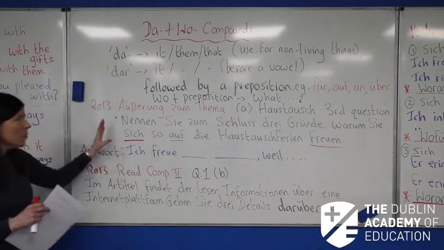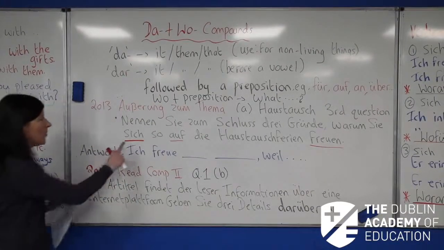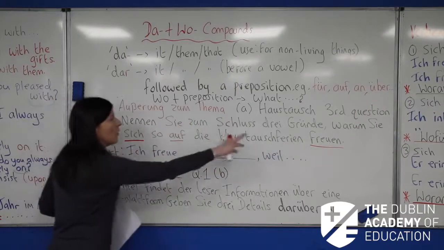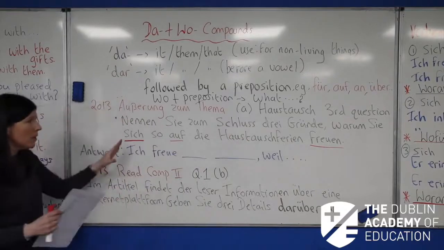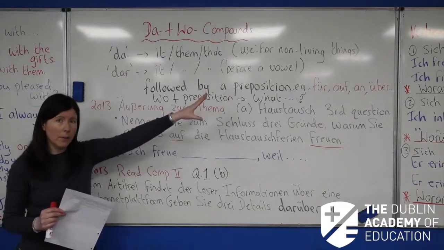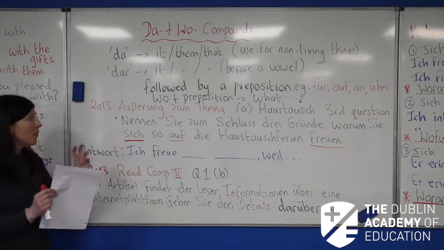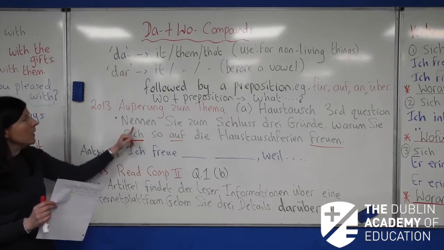So, to be able to understand that question, you would have had to recognize this. See? Sich freuen auf. It won't necessarily be written the way it is on the board, and that's what you have to really figure out. So this is what they're asking here.